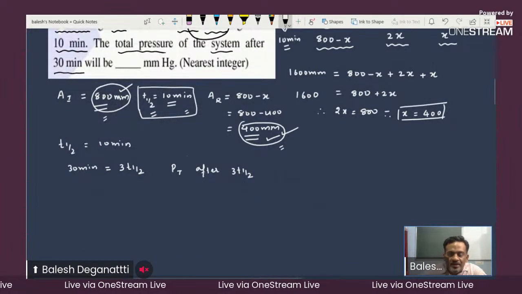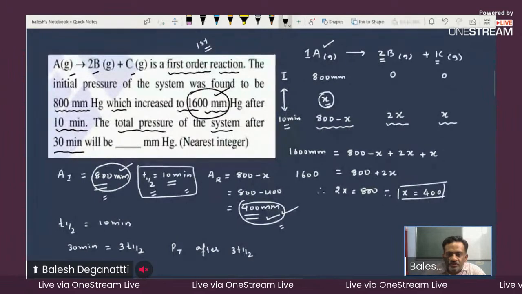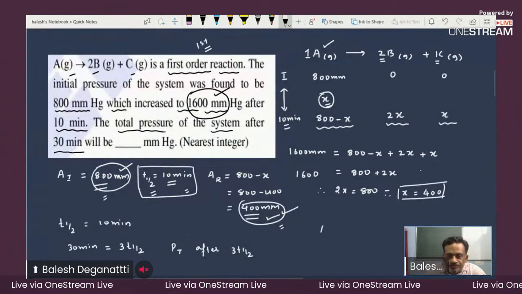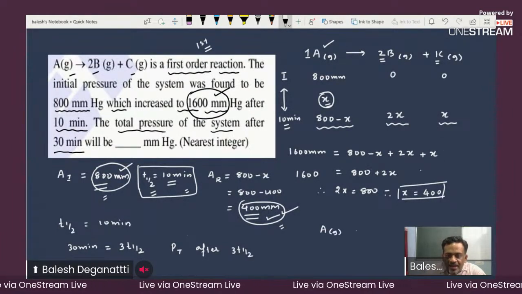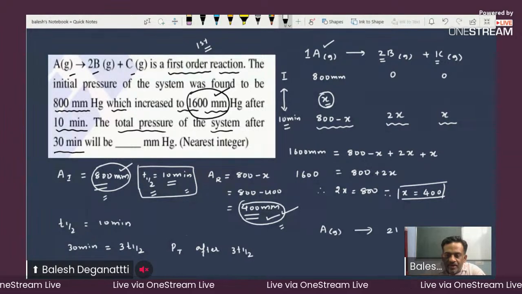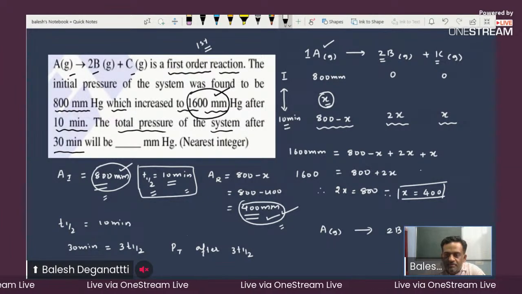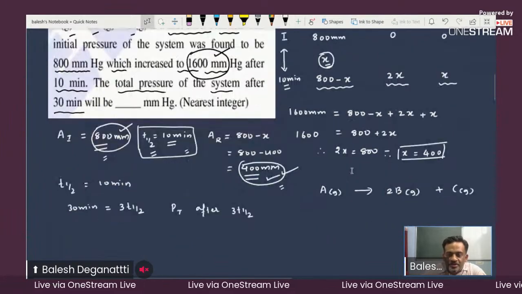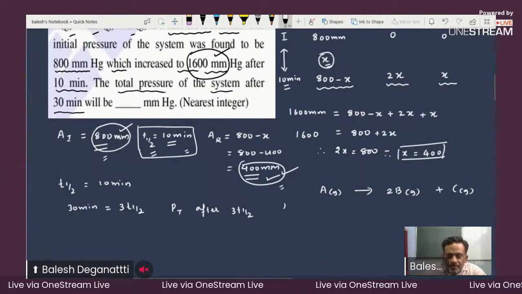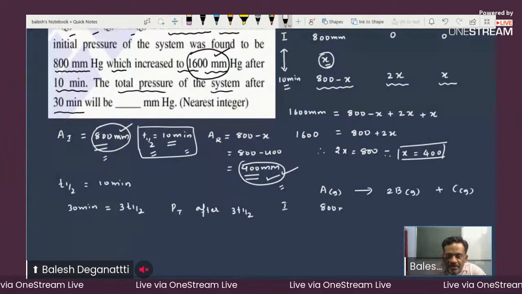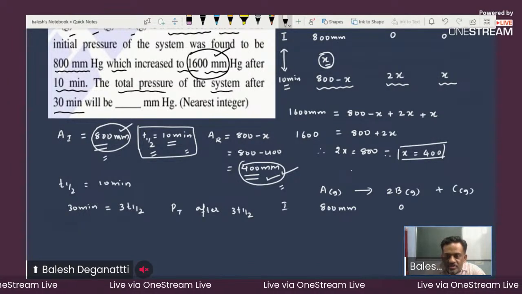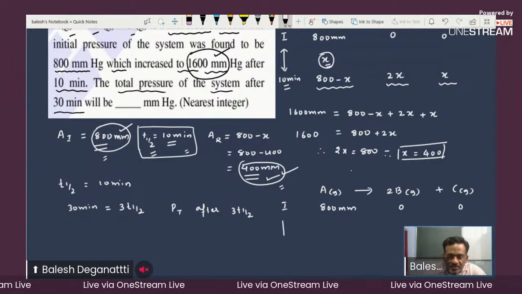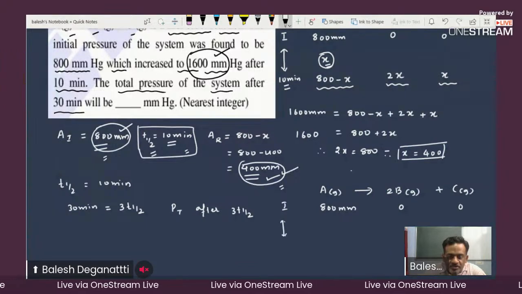Now let us go back again to the equation. What is that equation? The equation is A gas giving me 2B gas plus C gas. Got it? So what was the initial pressure? The initial pressure was 800 mm. Initially this was 0. Now after 30 minutes, pay attention.